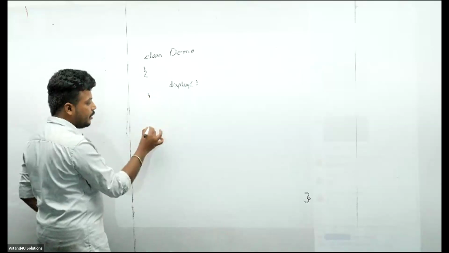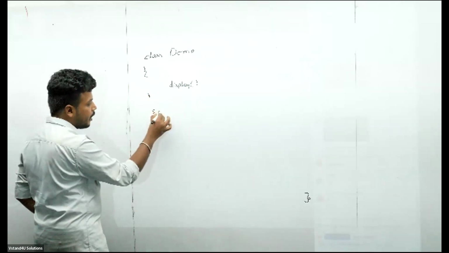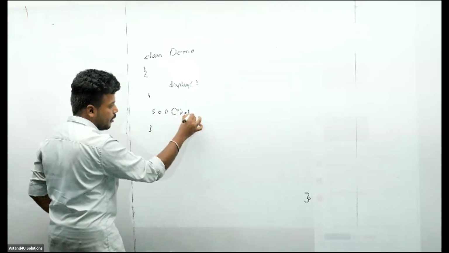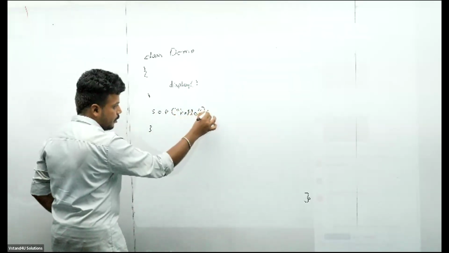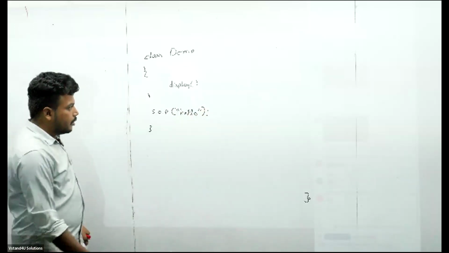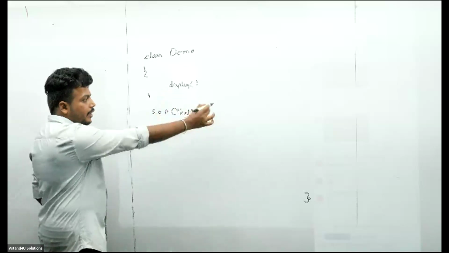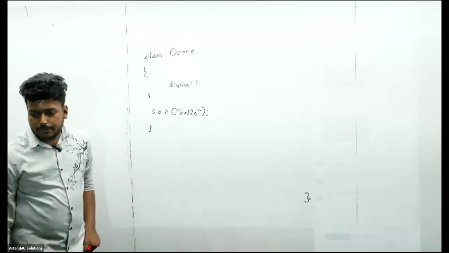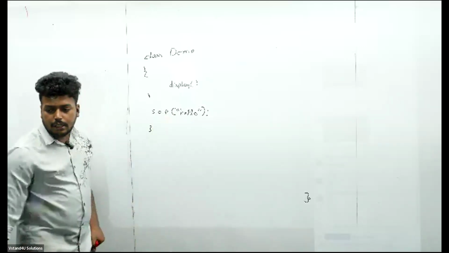Inside the method, I'm printing the statement as hello. I'm taking the method name as display. Inside the display, I'm giving a printing statement called hello.